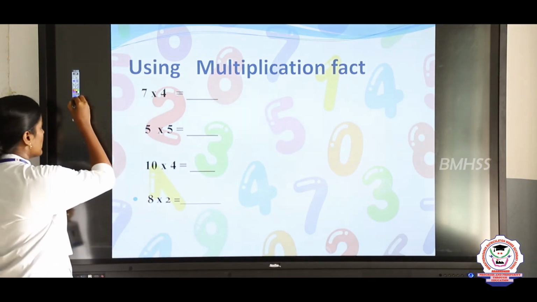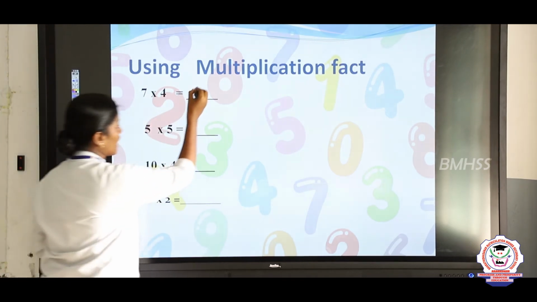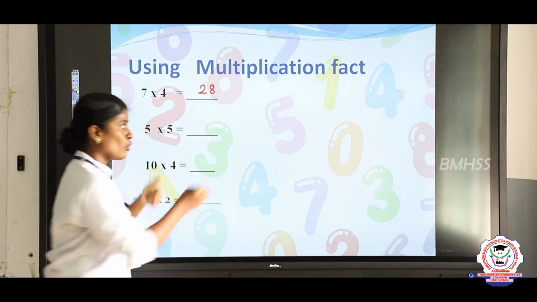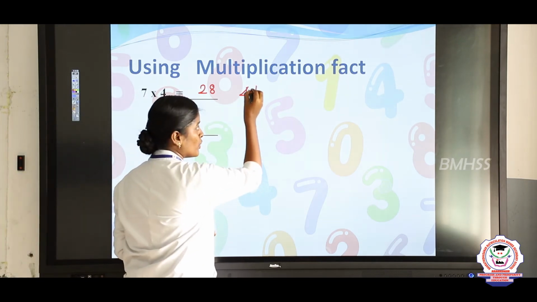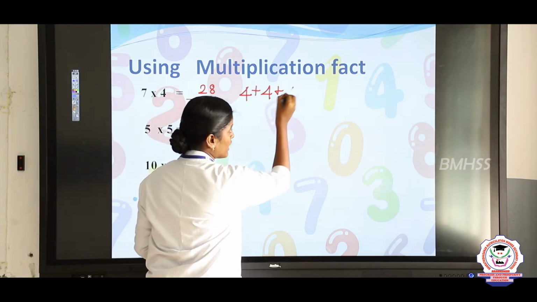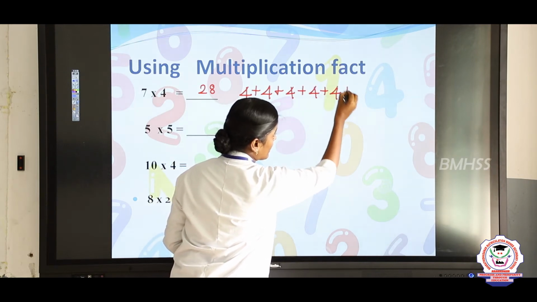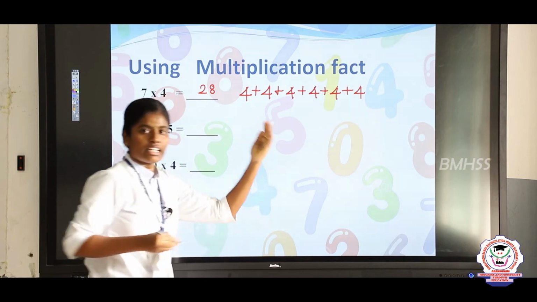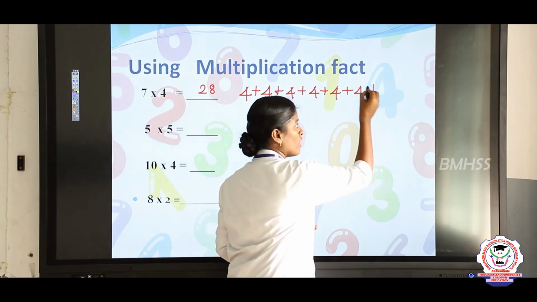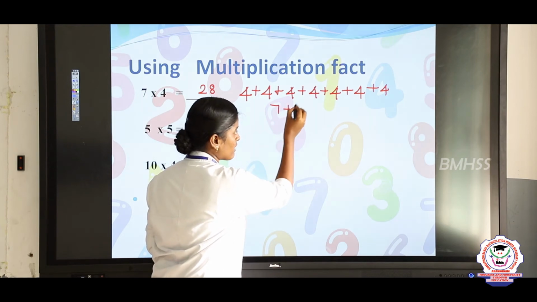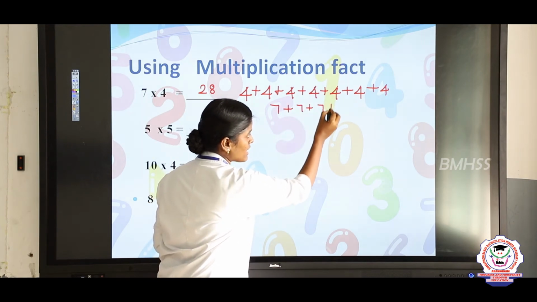Take 7 times 4: 1, 2, 3, 4, 5, 6, and finally 7 times 4 is 4 times 7. Okay, 7 plus 7 plus 7 plus 7.